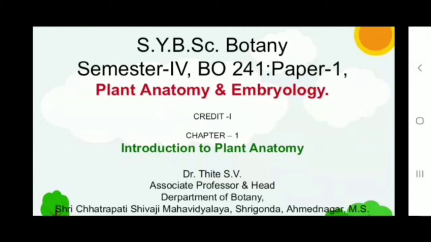Then Grew, 1641 to 1712, published his work under the title The Anatomy of Plants and discussed the gross structure of plants and compared the vascular skeleton of plants with that of animals. He introduced terms like parenchyma, vessels and cortex, etc.